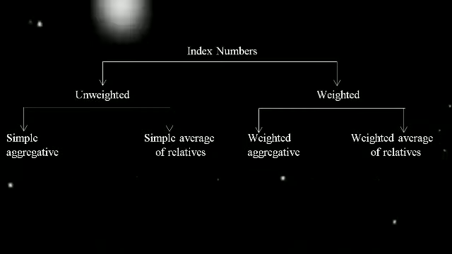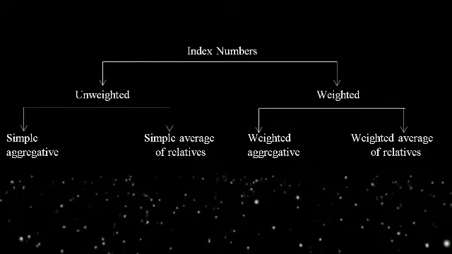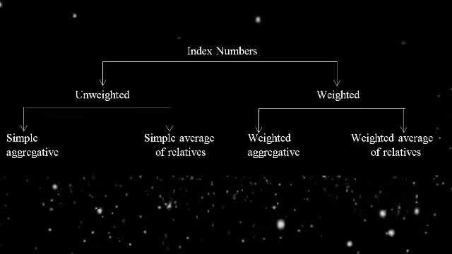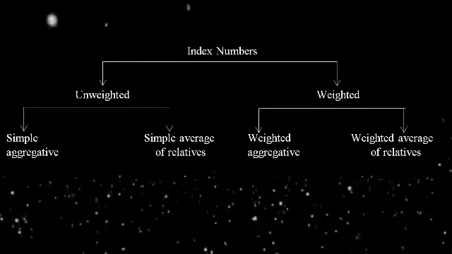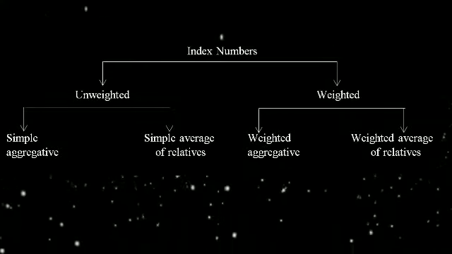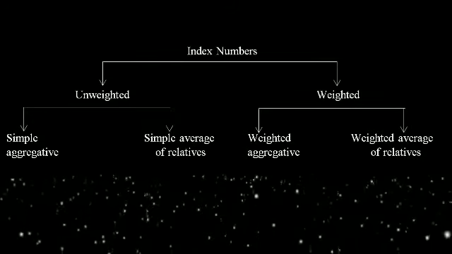All these index numbers are constructed based on price, quantity and value. Basically, index numbers are constructed either based on price values, or quantities, or the product of price and quantity, which is called value.